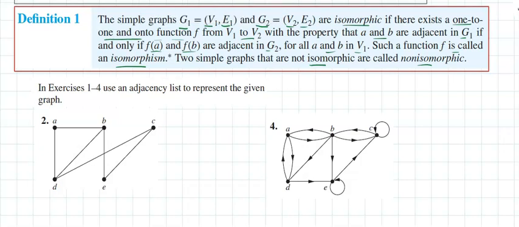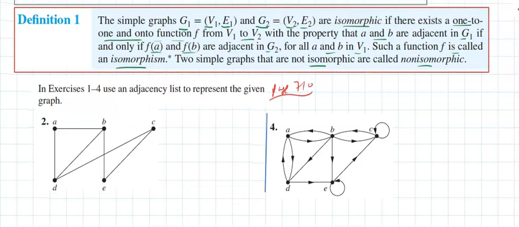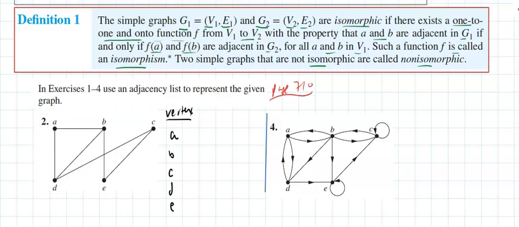So let's start with the first example. This is on page 710. Use an adjacency list to represent the given graph. Again, I didn't give you the definition for this because it's common sense, it's long. So when I say, let's talk about a vertex, put them in order. I see vertex A, vertex B, vertex C, D, and E. And I want to talk about adjacent vertices.